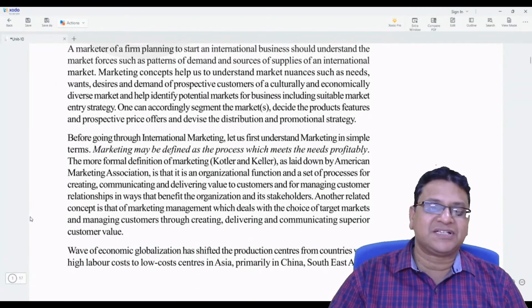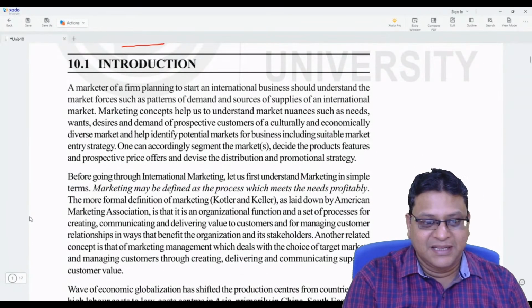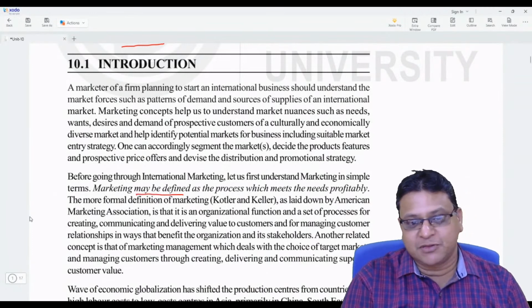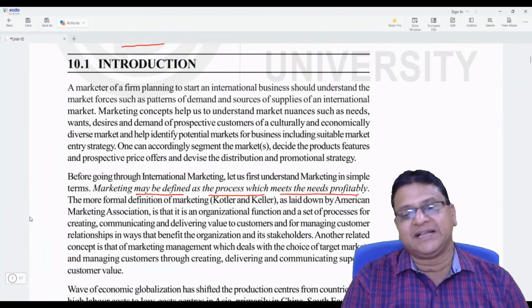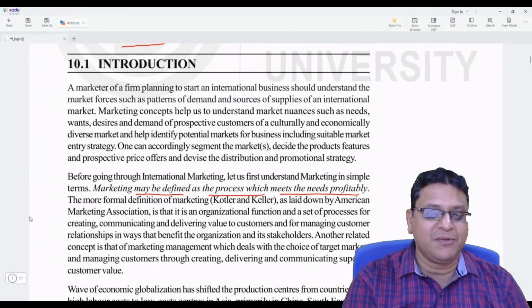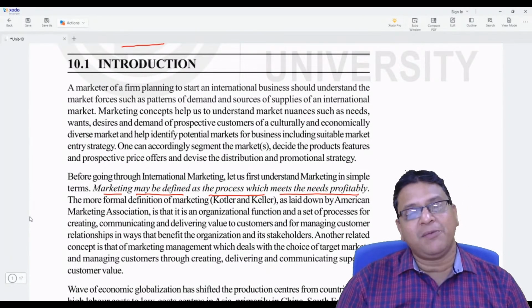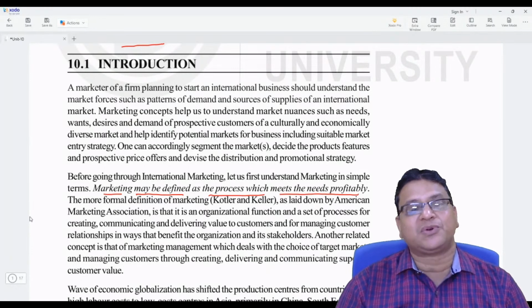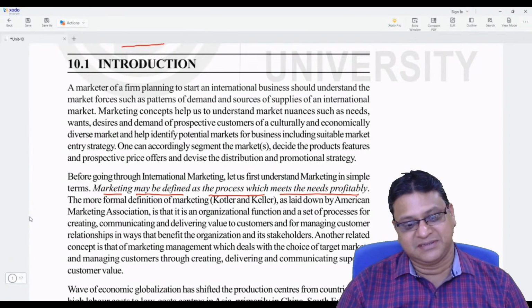Now, what is international marketing? We have discussed that marketing may be defined as the process in which we meet the needs of the customer profitably. Marketing is all about customer satisfaction. It's all about identifying what the customer wants and how we can satisfy it.